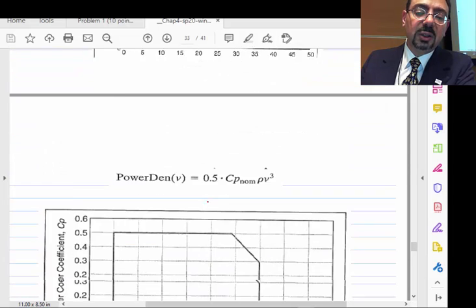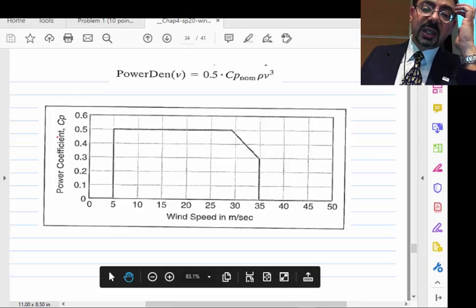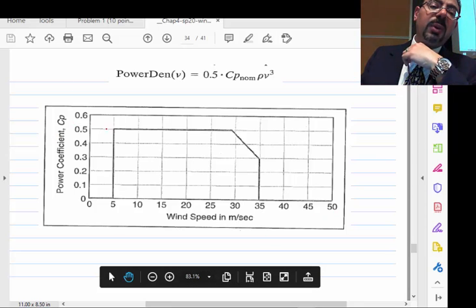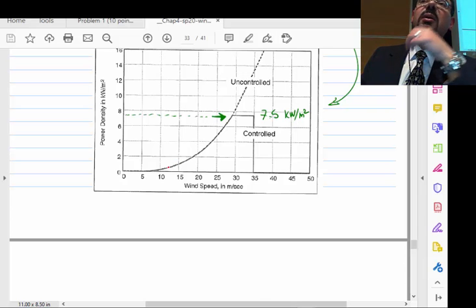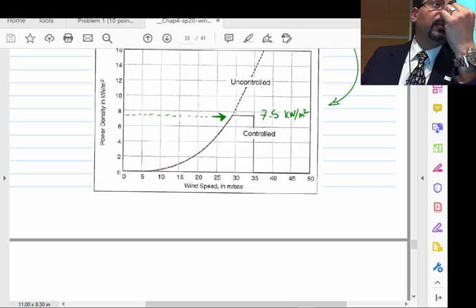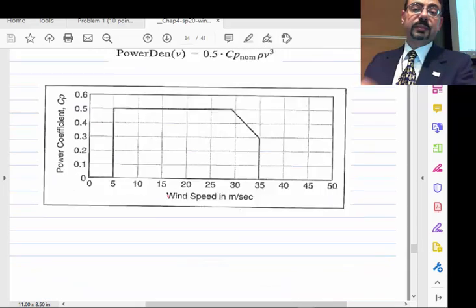And from this point on, you just go back to zero. So how do we come up with that CP? Output power over input power. Output power is in front of us here on the graph, and the input power we get from half rho A V cubed. Okay.